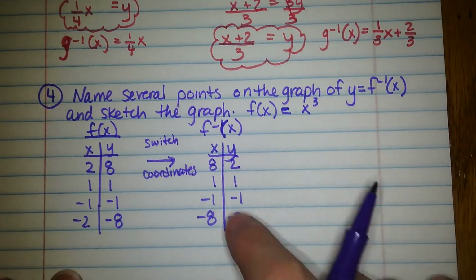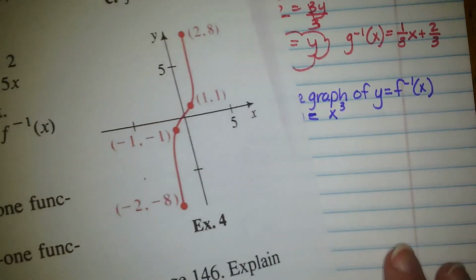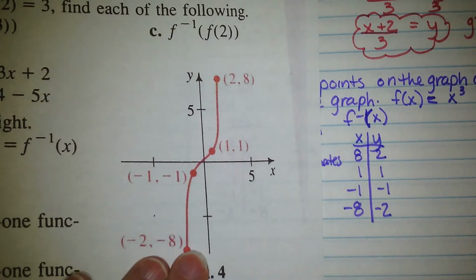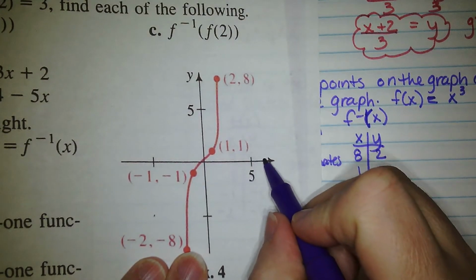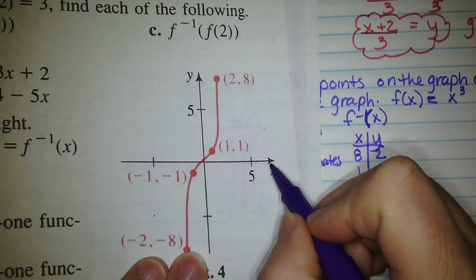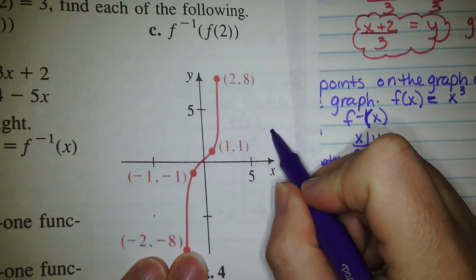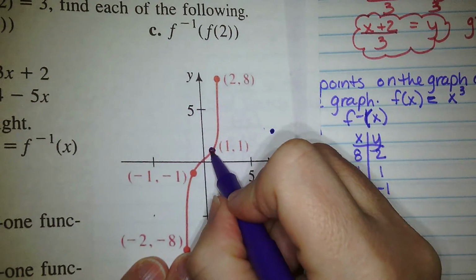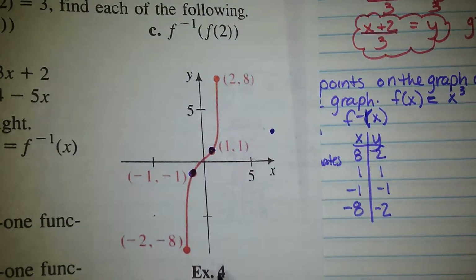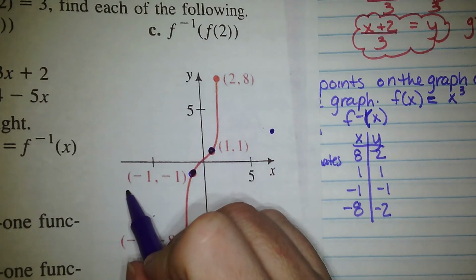And now what we have to do is plot this. So here's my graph. Here's my table. And I'm going to do my best to do this right on here. So 8, 2, 1, 1, -1, -1, and -8, -2.